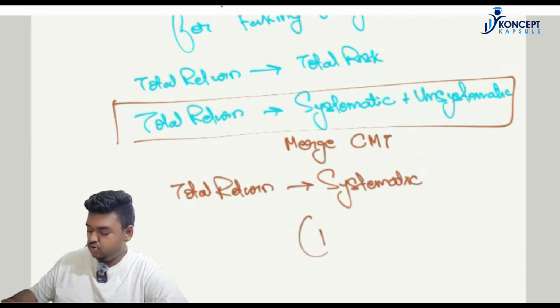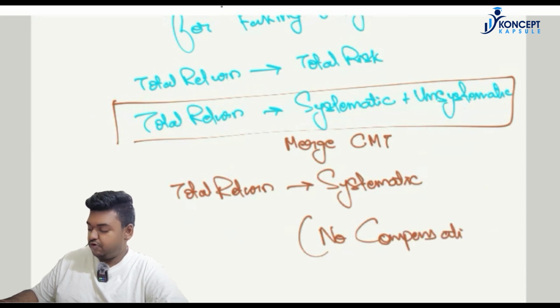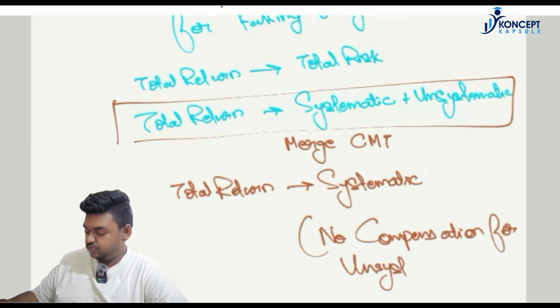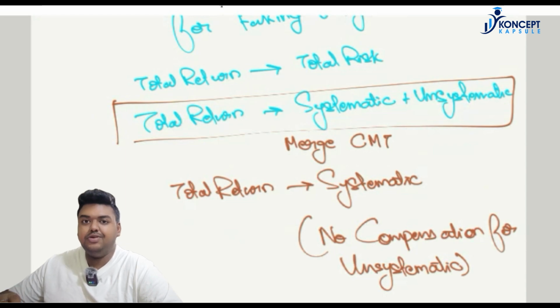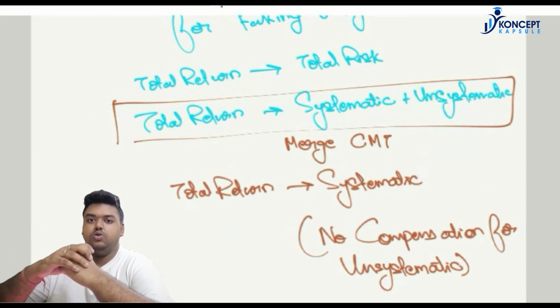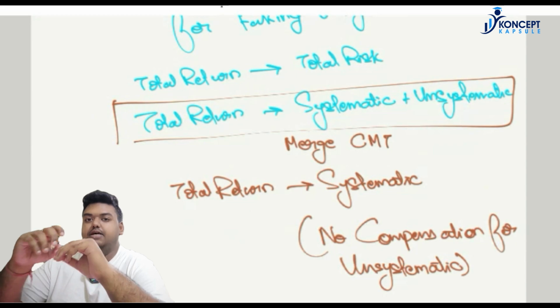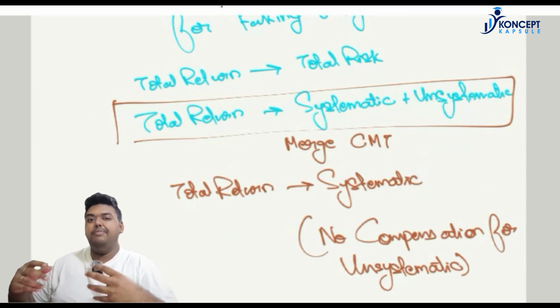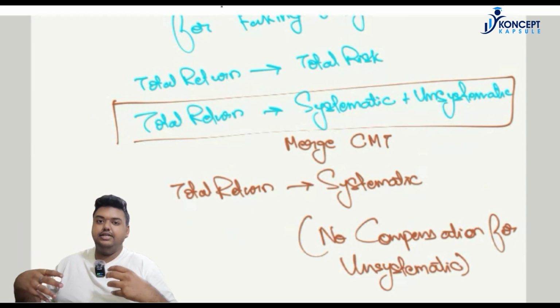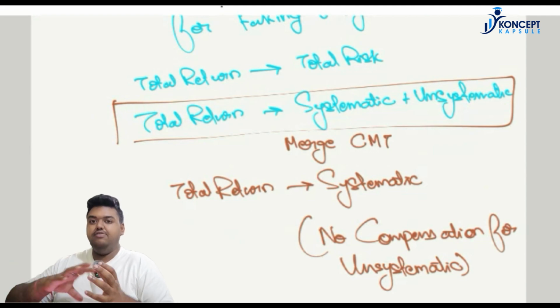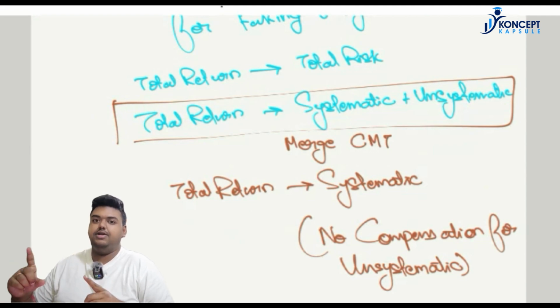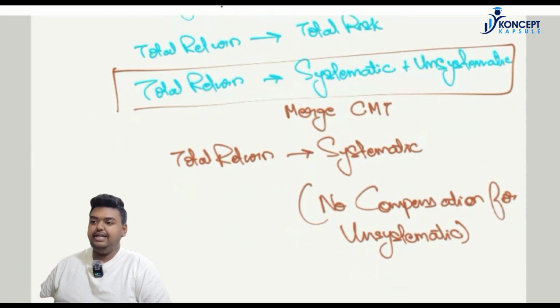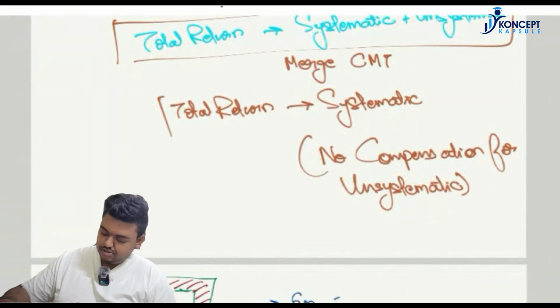Because there is no compensation for unsystematic risk. Are we understanding? We all know total returns are based on total risk, and total risk is nothing but a sum of systematic and unsystematic. If capital market theory is saying that diversification is a free of cost affair and investors are not compensated for the unsystematic risk they take, which means your entire return is based on systematic risk.